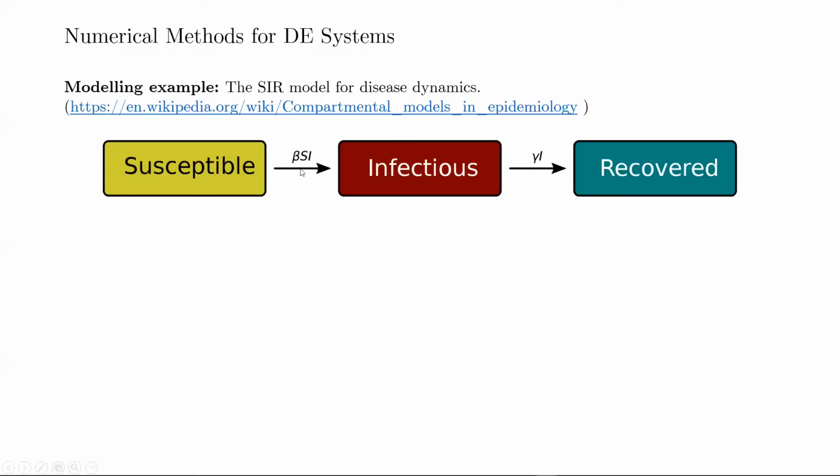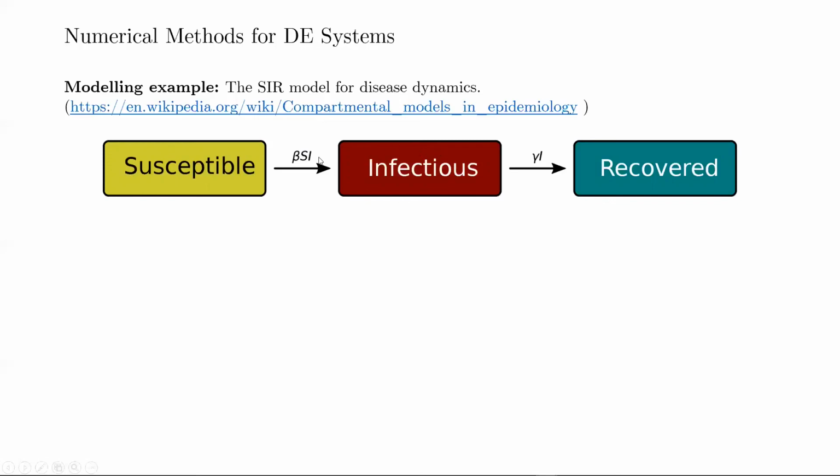It could be the rate at which susceptible and infected people come in contact, or at least the product of this is. So beta is just some constant. S is the number of susceptible people, and I is the number of infectious people.